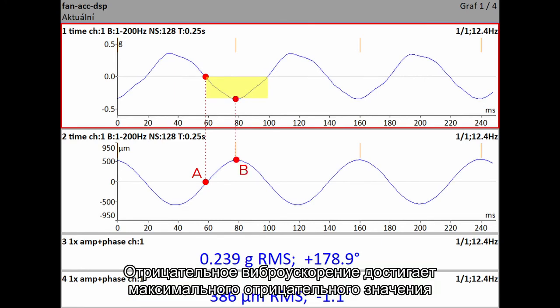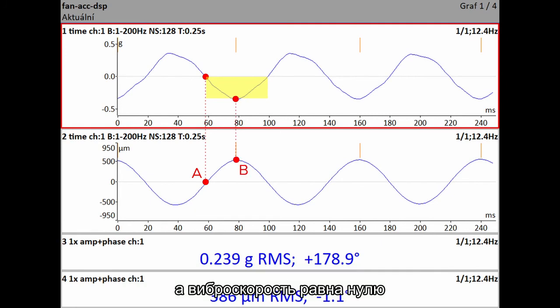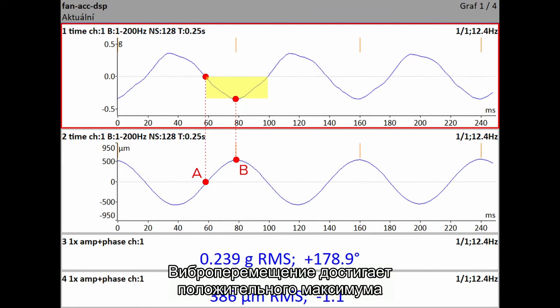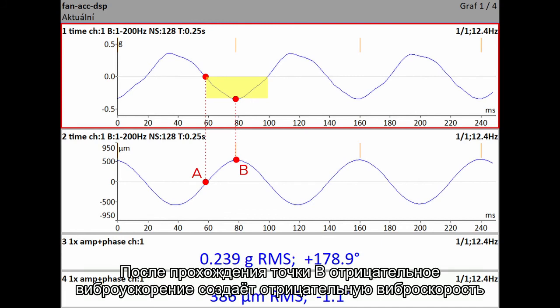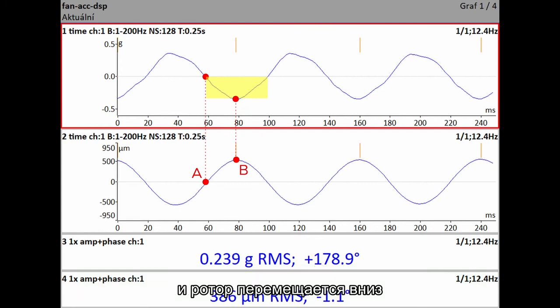The negative acceleration has reached the negative maximum value and velocity is 0. The movement has reached the positive maximum. After point B, the negative acceleration creates the negative velocity and the rotor goes down.